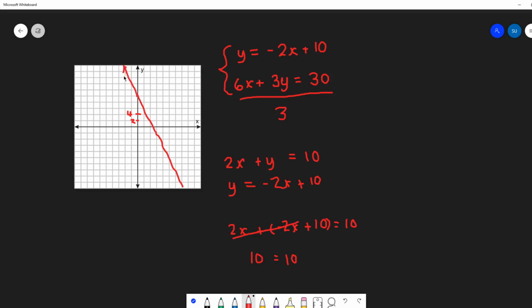Alright, and now if we looked at our other line, 2x plus y equals 10, that's in standard form. So let me find the intercepts. Plugging in 0 for x, we get y equals 10. So our y-intercept in this one is also 10. And then if we were to do the same thing for y, so plug in 0 for y, we get 2x equals 10.